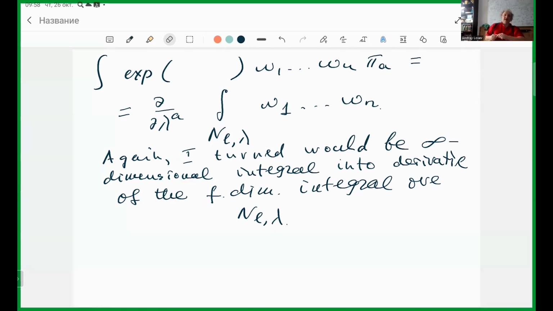And then answers would be nothing but derivatives along the infinite dimensional family. But it is good, because in mathematics, I can always consider an infinite dimensional family if I'm not integrating over it. Okay?